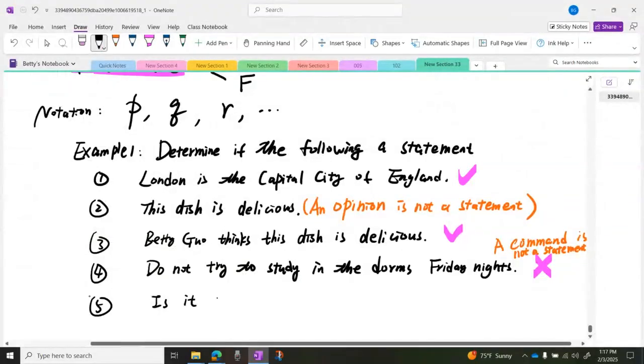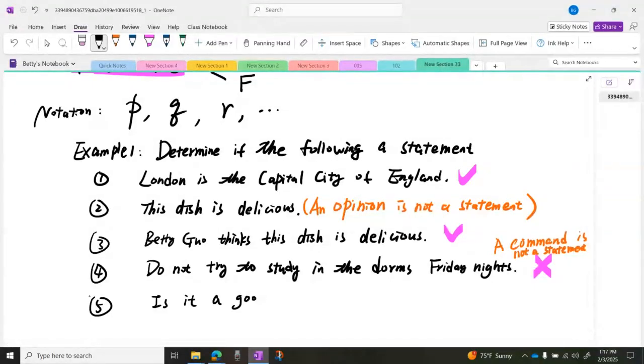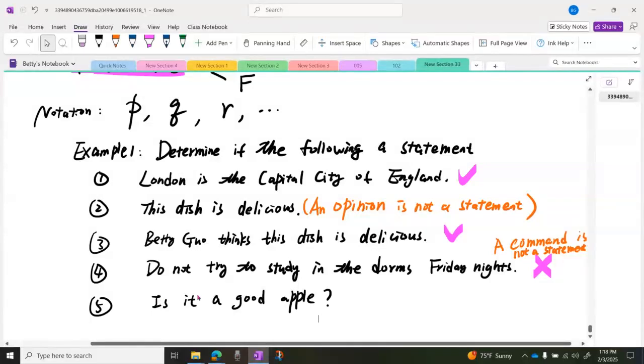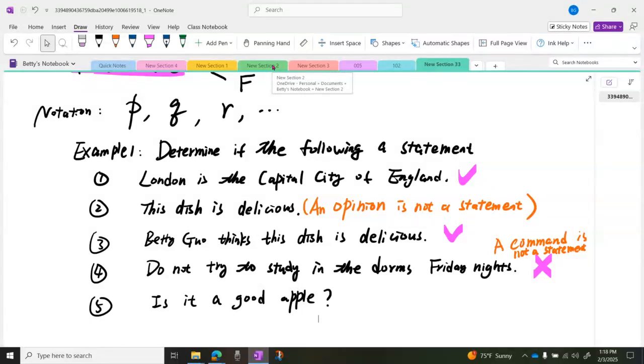Is it a good apple? Okay. This sentence gives a question. It is also a sentence, but this sentence is a question. It asks a question. Is this a good apple? What do you think? Is this sentence a statement?